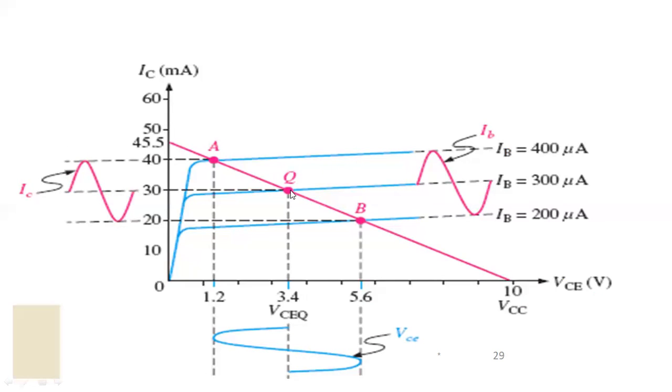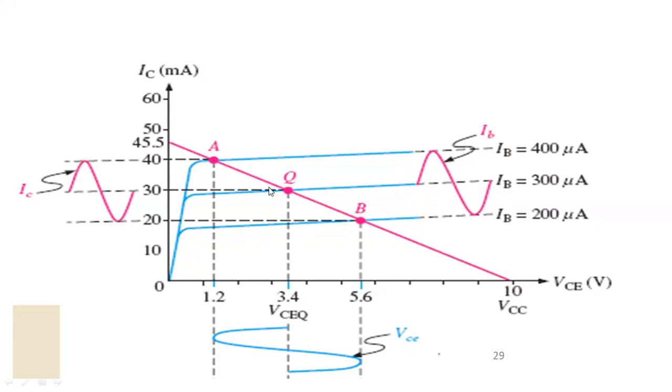It is nothing but IC and VCE. The Q point is nothing but the value of IC comma VCE, the plot of IC and VCE.